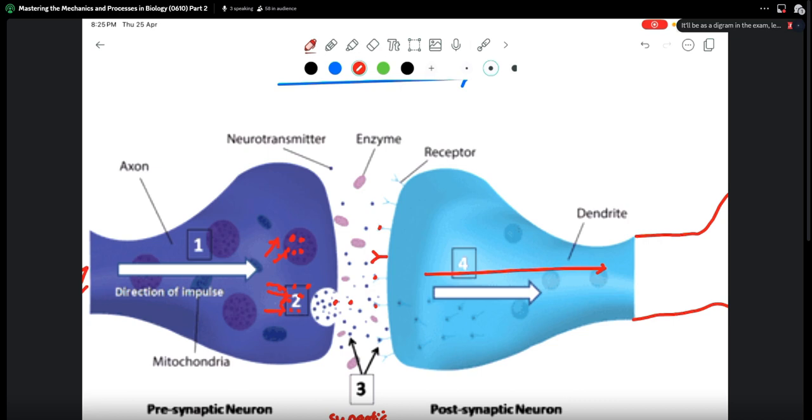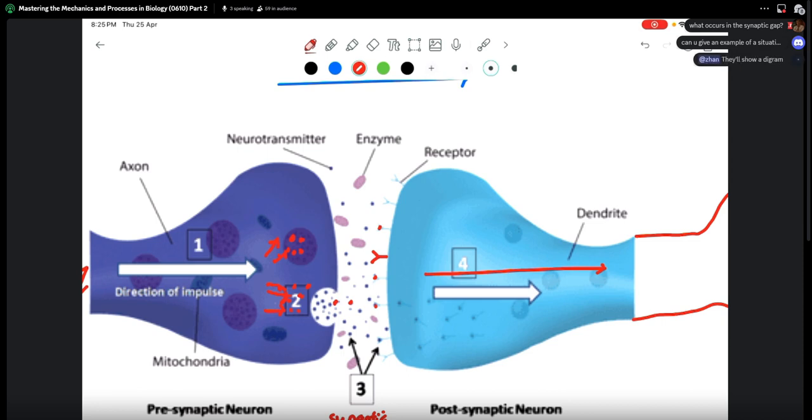There will be fewer neurotransmitters, so a slower response, a slower impulse. We are in chapter 14 and don't cover Parkinson's disease, but questions can use a basic situation as an application and test you on it. The concept is the same thing. So what occurs in the synaptic gap?